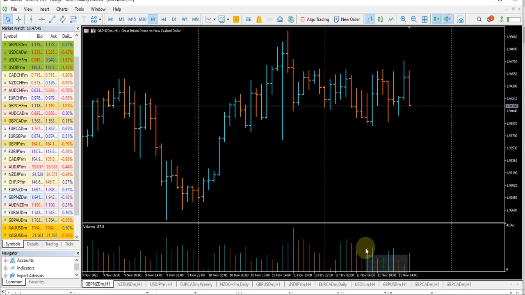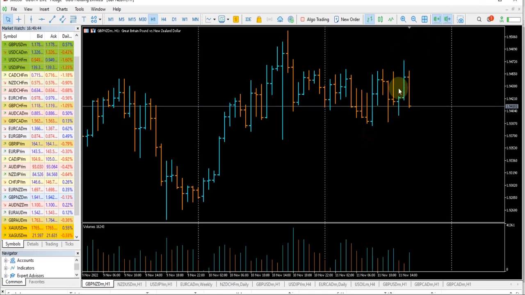If you are using green or some other color, the higher one from the previous one will be important for you as well. The higher one from the previous one is important for us in the strategy. With the candle opening, and with the volume indicator in this color, the blue volume, that means the higher transaction. If the higher transaction is taking place step by step, that is important for us.